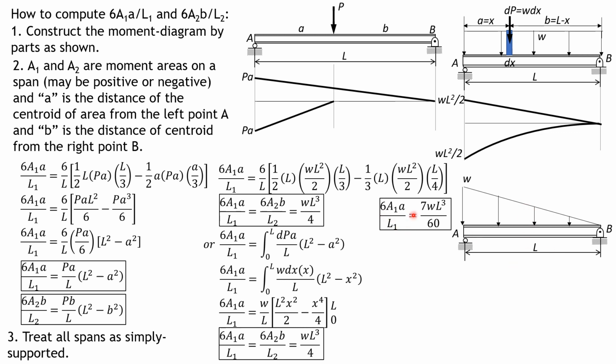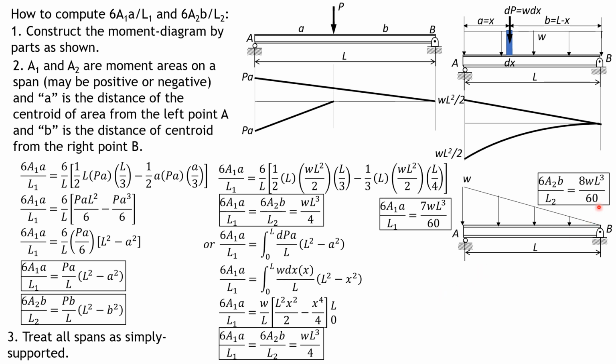So the value of 6A1A over E1 I1 L1 is in general 7WL cube over 80, and the value of 6A2B, with respect to the nearer support of the loading, it's 7WL cube over 60. With respect to the farther support, with respect to B or with respect to C, it is 6A2B over E2 I2 L2 equals 8WL cube over 60.